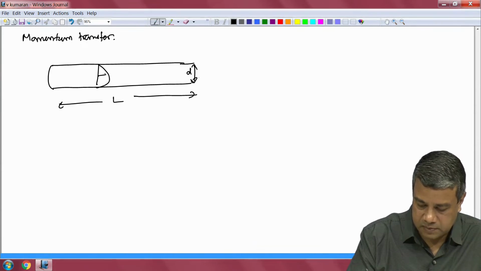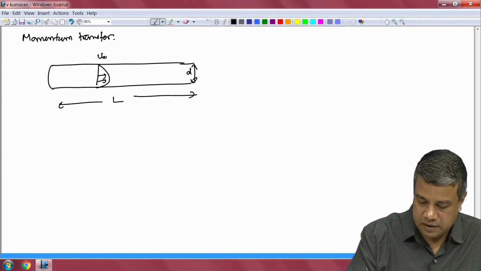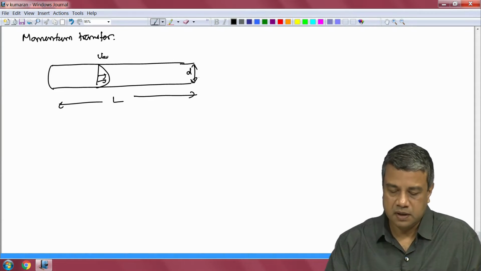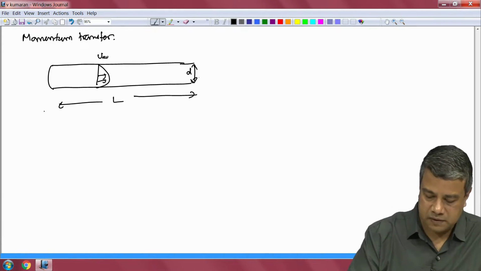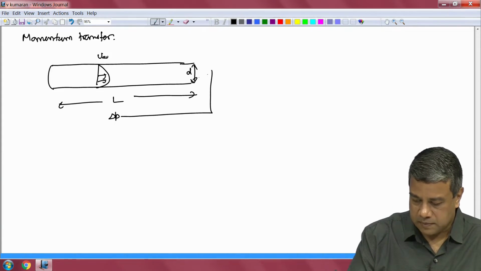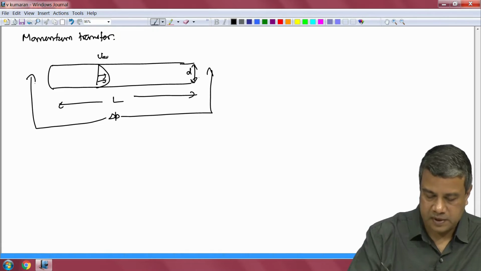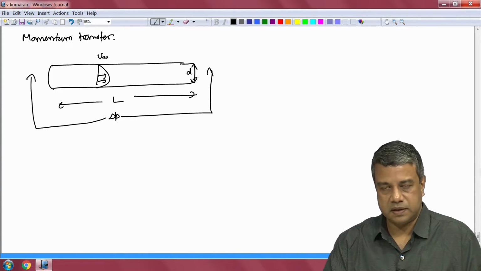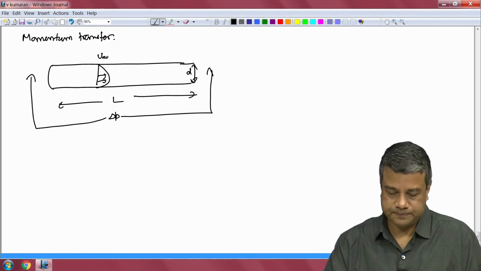We have some velocity profile here. VAV is the average velocity of the flow in the pipe. We want to know what is the pressure difference that has to be applied across the ends of the pipe in order to get the average velocity VAV. So, that is the problem.